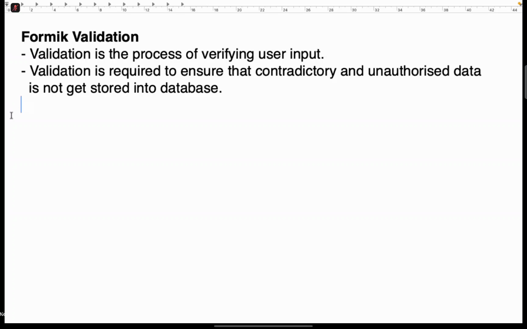Unauthorized means we are expecting a limited data and they are crossing the limit. Then that is called as what? Unauthorized. Any contradictory data or unauthorized data we should not allow. We have to stop that.